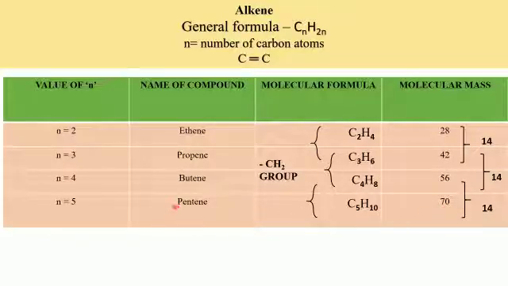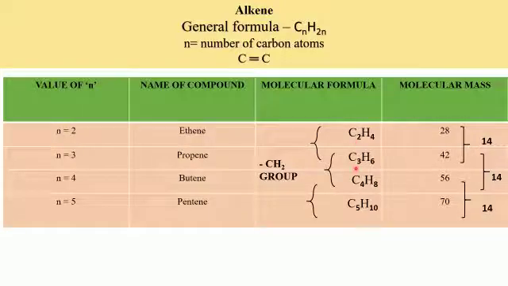So I hope that now you all must have definitely understood how to name the compounds. You have always to see the number of carbon atoms in the molecular formula. If there are 2 carbon atoms, it is going to be considered as a derivative of ethane.